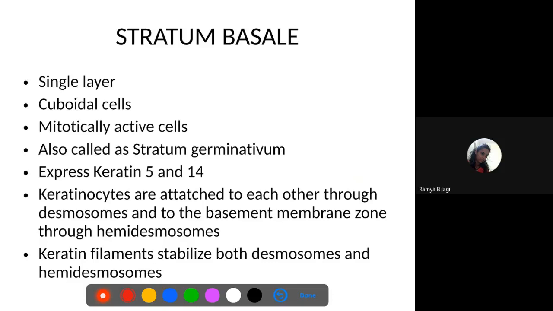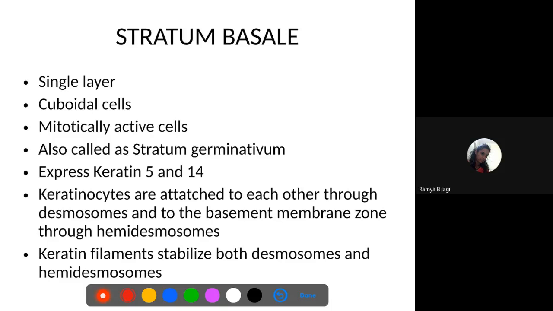Now, because I have told you the stratum basale cells are mitotically active, they will have stem cells in the basal layer. So these stem cells give rise to all other upper layers of the epidermis. So now we know that stem cells are in the basal layer of the epidermis. Let's know where the other sites are where stem cells reside.